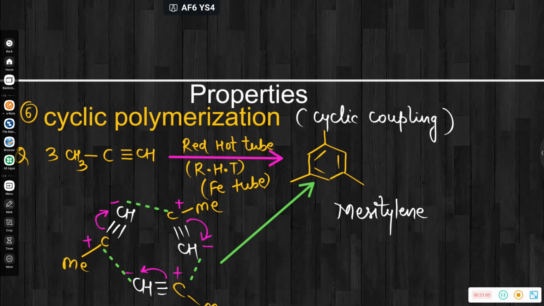You know, 2 CH3 groups means xylene, ortho-xylene, meta-xylene. 3 CH3 alternating means mesitylene, very very important. What is mesitylene? 1,3,5-trimethylbenzene is called mesitylene. It is from 3 moles of propyne. It is formed. Understood why CH3 is there now? Instead of hydrogen, CH3 is there. That is the reason it is formed.